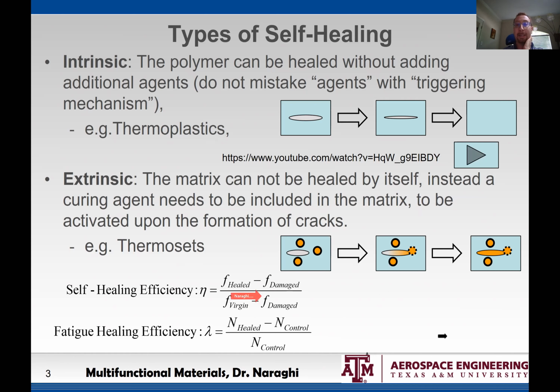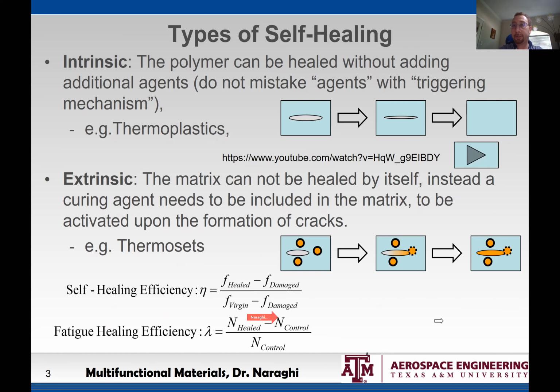Here, N healed or N controlled is the number of cycles that the material can survive at a certain load. And so in the case that there is no healing, you will get 0.